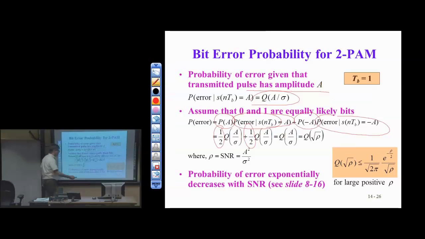Add that together, and I get a very simple relationship: the total probability of error is the Q function of A over sigma. It turns out A over sigma is exactly the square root of SNR, or an SNR measure, given all of our normalized parameters. SNR is equal to signal power divided by noise power.